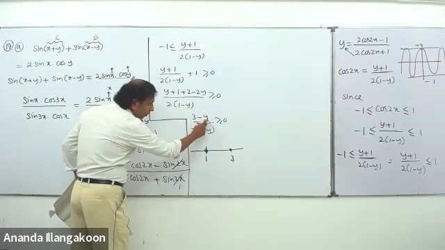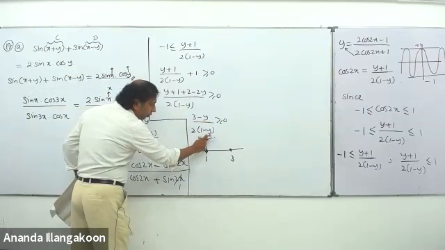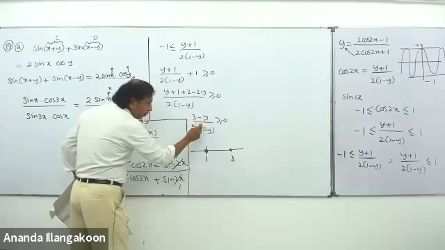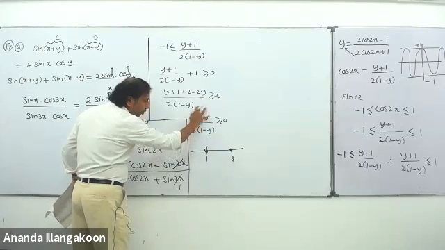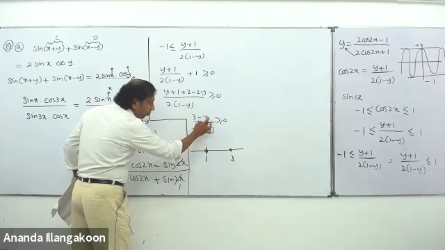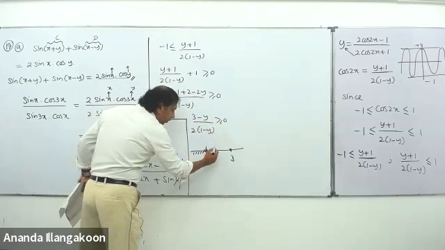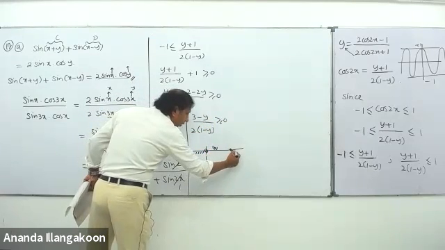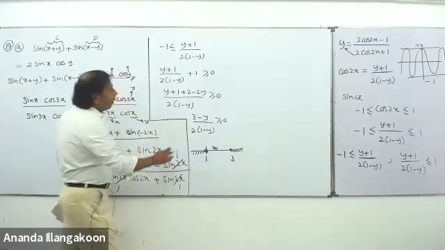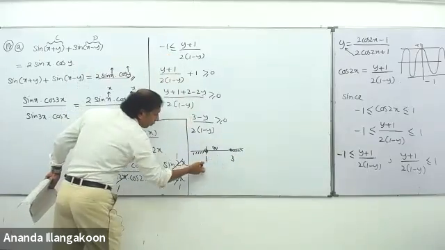Put 0 here: numerator 3, denominator 2, plus. Division is plus. Plus something greater than 0 is true. Therefore, this region we have to accept. This satisfies in this interval.